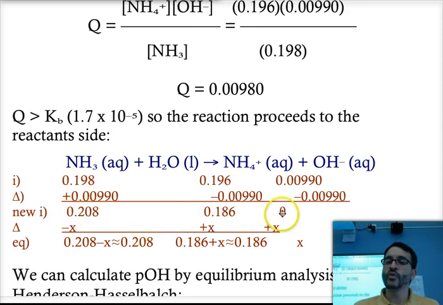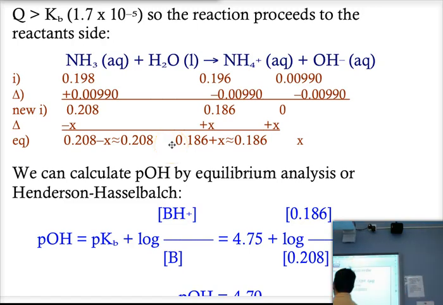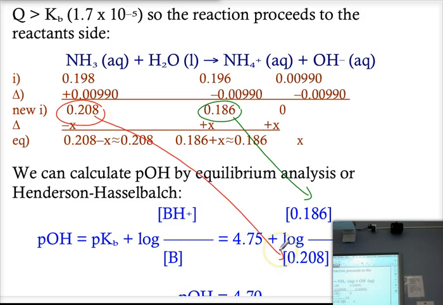We could do this with moles, but because the overall concentration is not changing, we're just going to leave it like that. And so we have these two new values. We don't have to do any more analysis. We could, but there is no point. We can just take the new values and inject them directly into the Henderson-Hasselbalch equation.